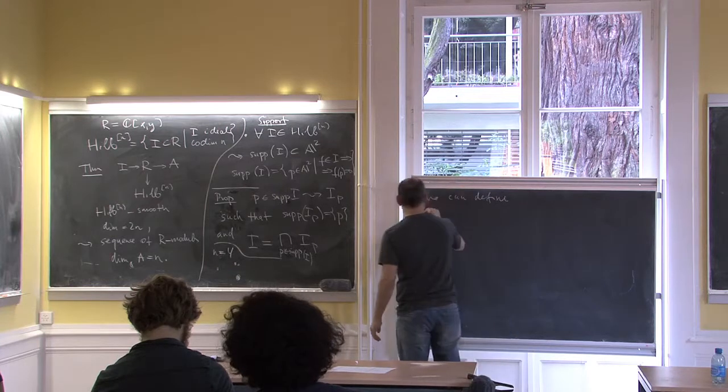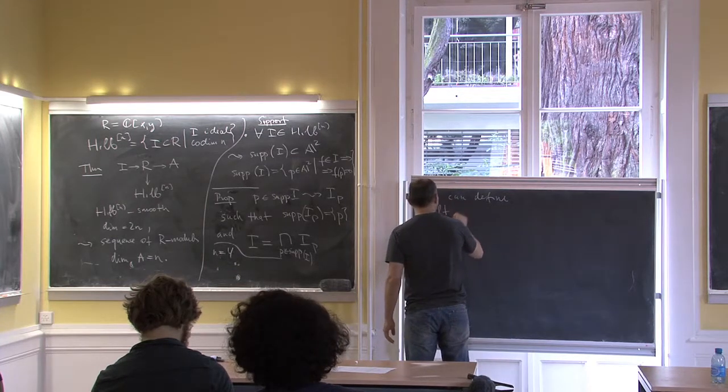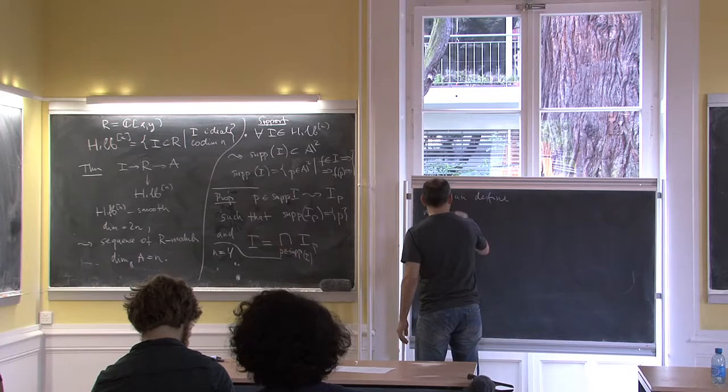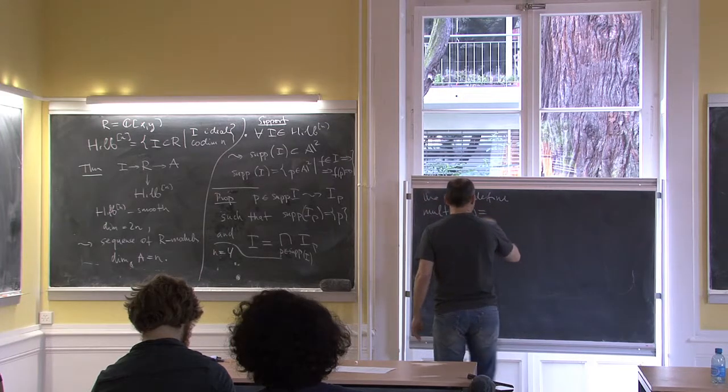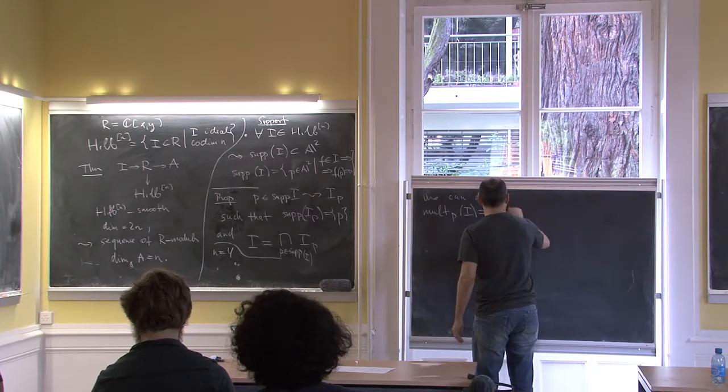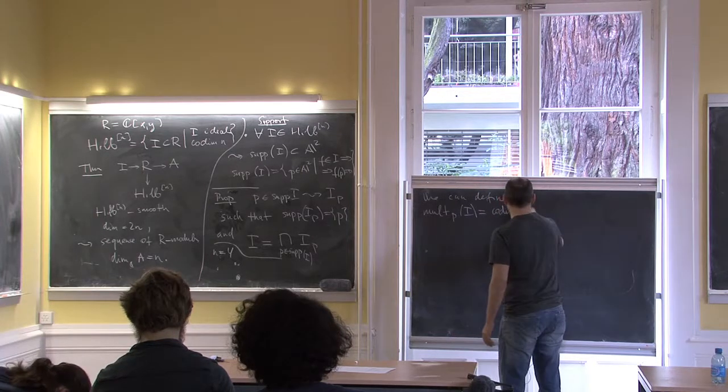So we can define the multiplicity of I at P, which is just the codimension of IP.